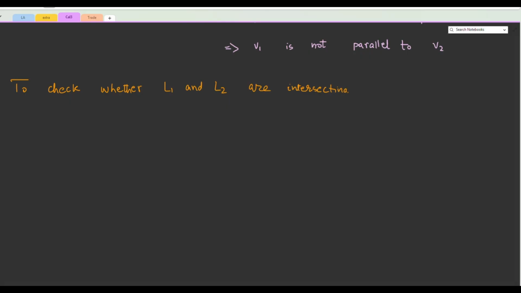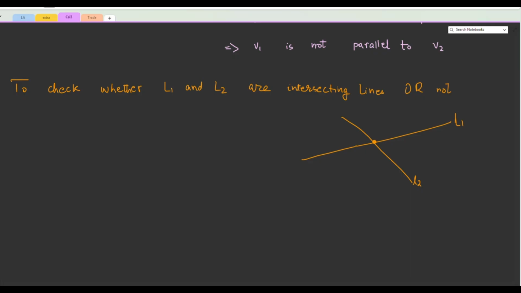Remember that if two lines L1 and L2 intersect, it means that there will be a point which is common to both of these two lines.